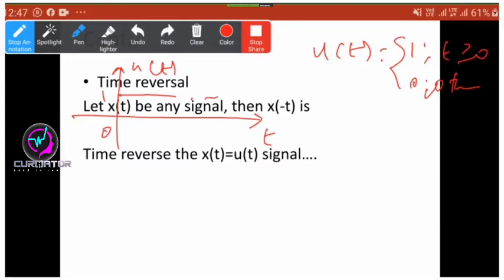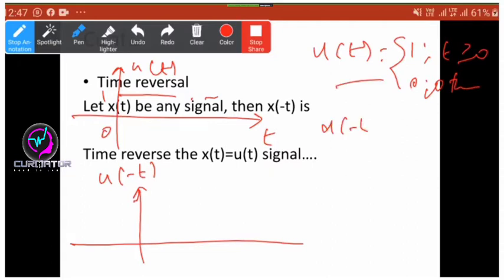If I plot u of minus t, how will it look? Let me substitute minus t instead of t throughout this equation. So u of minus t is equal to 1 for minus t greater than or equal to 0, 0 otherwise. So this minus will come to this side.